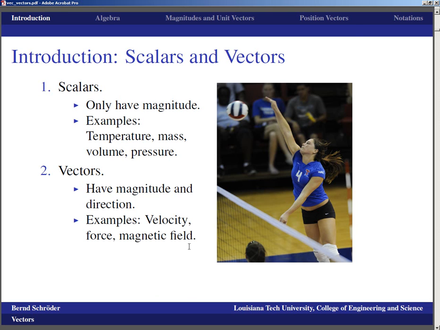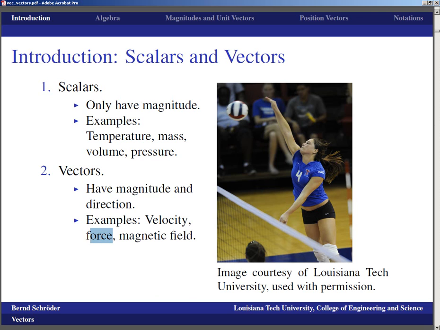For example, here we have an image that is courtesy of Louisiana Tech University that I'm using with permission. If we're talking about force as a vector, well, in volleyball, when you spike a ball, then with your hand you apply a force to the volleyball, which ultimately changes the velocity of the volleyball, preferably towards the ground of your opposing team's part of the field.